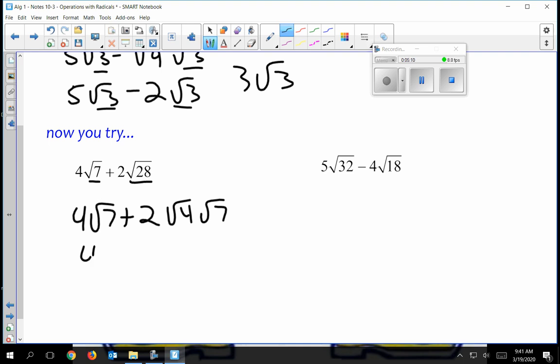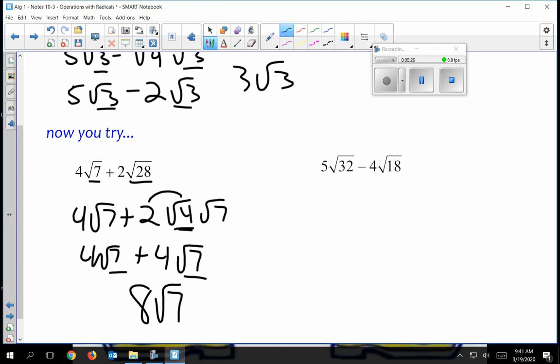I'm going to get 4 square root of 7, but I'm going to get a 2 out of that, so 2 times this 2 is going to give me 4 square root of 7. Now I've got the same radicals together, so I can put those together, and I get that. Okay? Let me clean this up for a second.